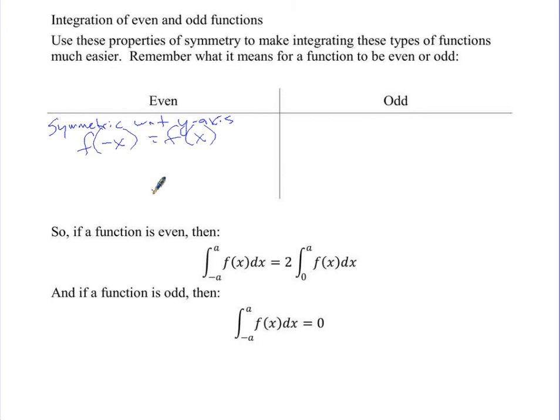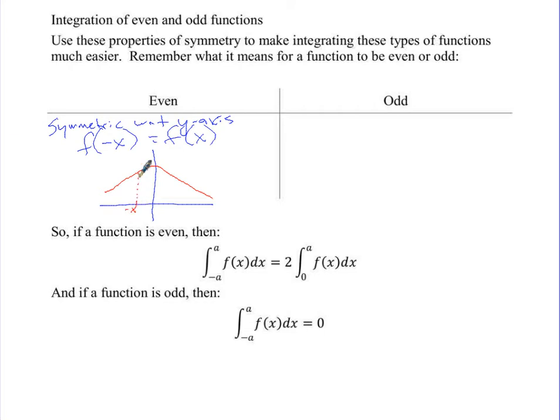If a function is even, then every x coordinate on the left side has a y value that exactly matches the corresponding x coordinate on the positive side. If I draw a little graph in here, something that looks symmetric, this is an even function, because every single x coordinate over here, like this one right here, I'll call negative x.